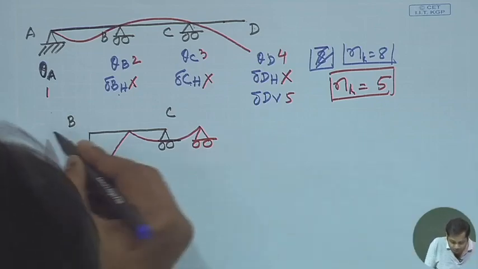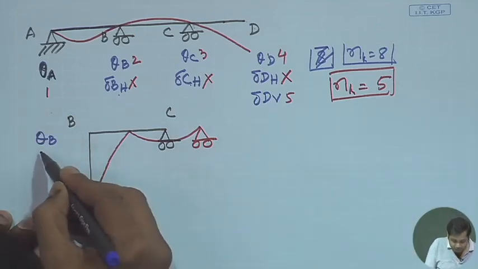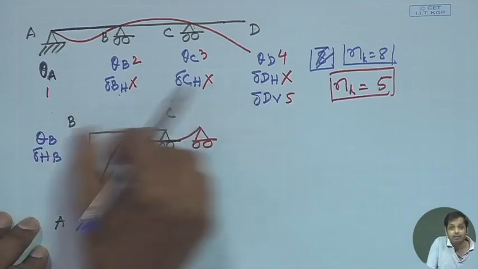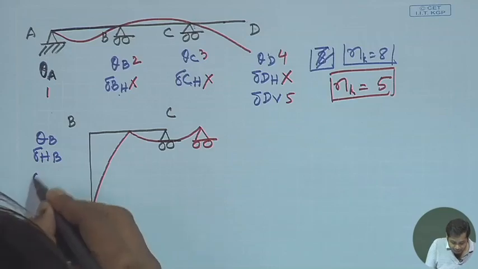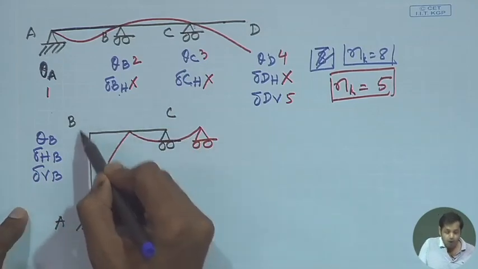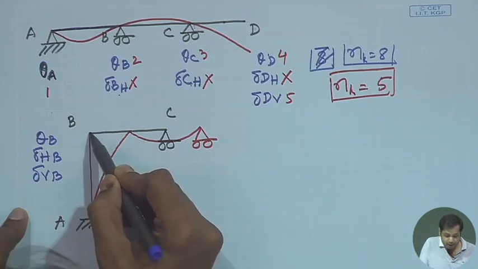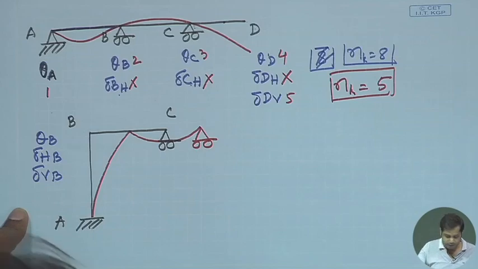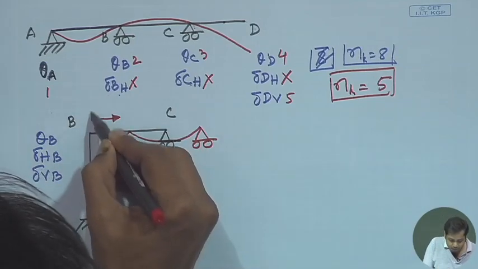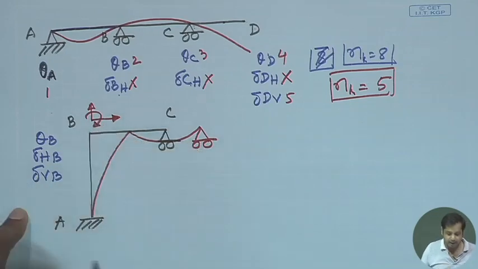At point B we have theta B, and then we have delta HB, horizontal motion, and then delta VB at point B. So point B can rotate, point B can move in this direction, and point B can move in the vertical direction. So point B can translate in this direction, point B can translate in this direction, and point B can rotate as well.